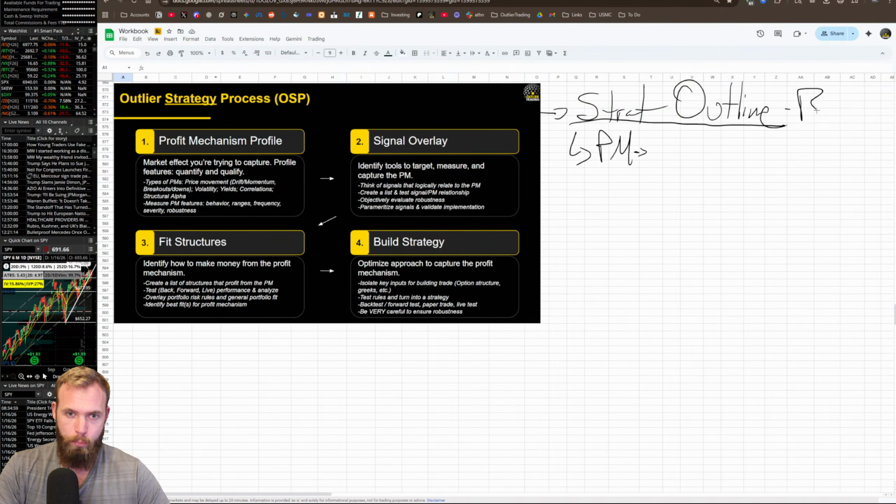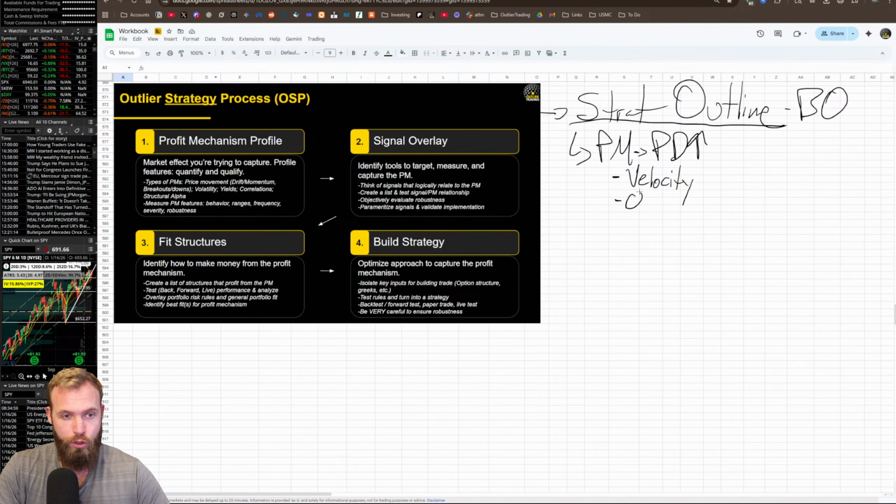So for this breakout strategy outline, the profit mechanism that I'm specifically trying to capture is some sort of price direction. So typically price direction up. And there's very specific qualities of this. So there's typically velocity. That means severity. How much does it move?